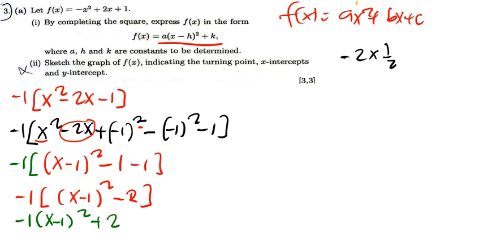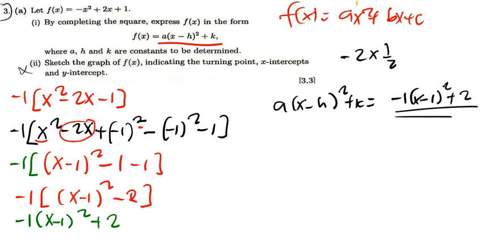So I can clearly see that this thing which I've been asked to find, a times x minus h squared plus k, is basically equal to negative 1 times x minus 1 squared plus 2. So a is negative 1, h is 1, then k is 2. As simple as that. So I've expressed this in the form of that.